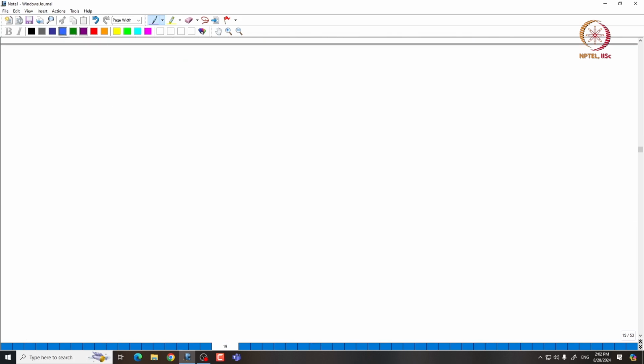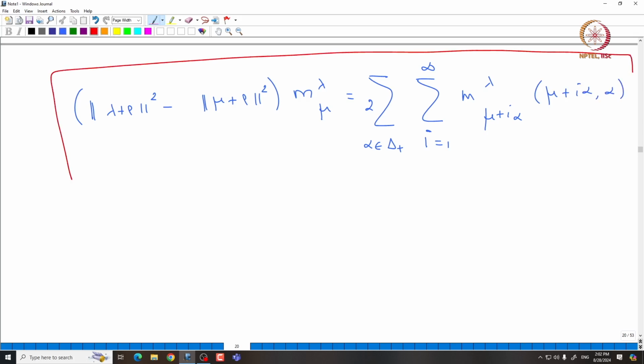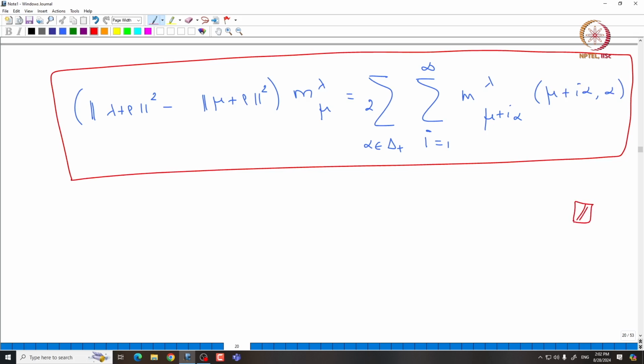This is the final formula: the norm of lambda plus rho squared minus the norm of mu plus rho squared, times the multiplicity of mu inside V_lambda, is equal to twice the summation over alpha in delta plus, summation over i ranging from 1 to infinity, of the multiplicity of mu plus i alpha times the inner product of mu plus i alpha comma alpha. This is the final formula that we get by comparing the trace of the Casimir operator in two different ways. So, this indeed completes the proof.